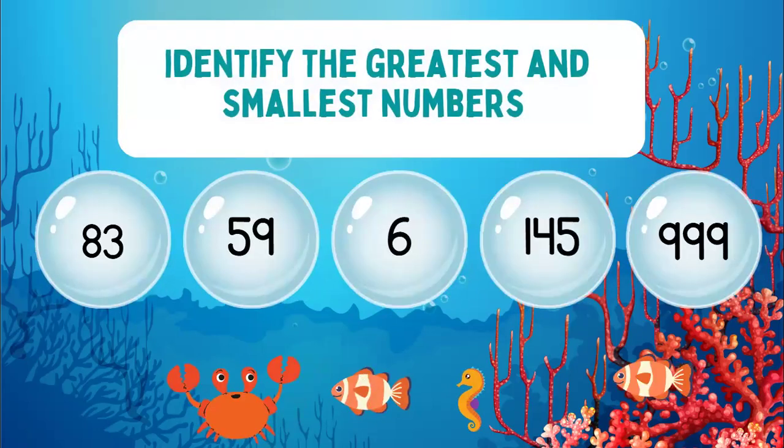Let's see this. Time to see the answers. If you chose 999 as the greatest number and 6 as the smallest, you're a certified expert at comparing numbers.